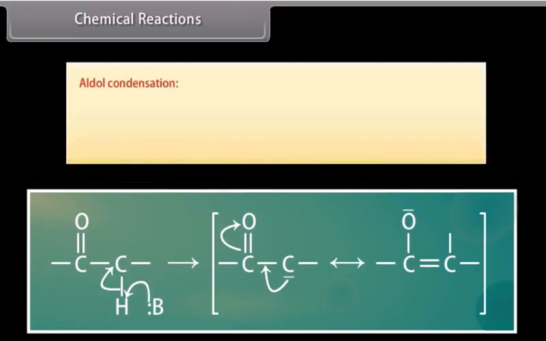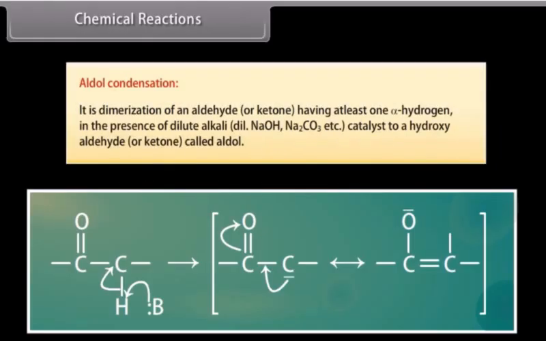Aldol condensation. It is dimerization of an aldehyde or ketone having at least one alpha hydrogen in the presence of dilute alkali such as dilute sodium hydroxide, sodium carbonate, etc., as catalyst, to a hydroxyaldehyde or ketone called aldol.